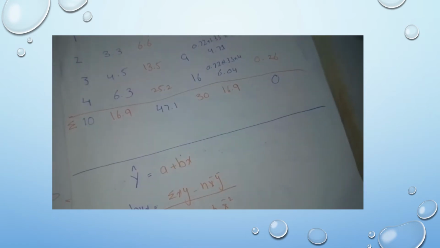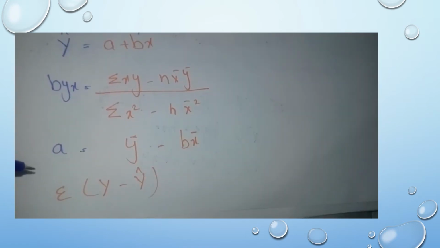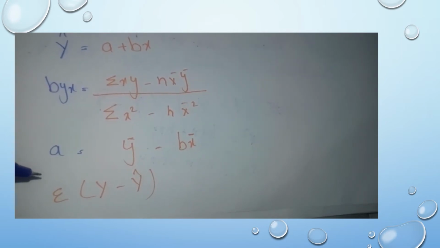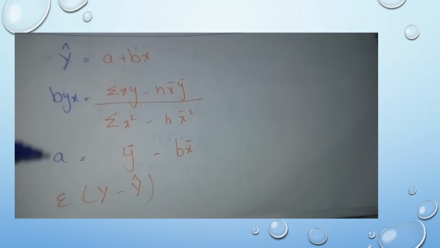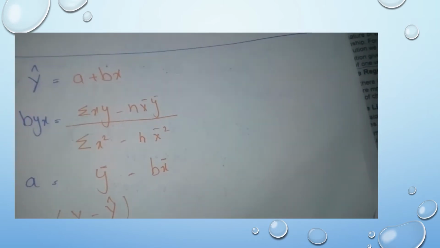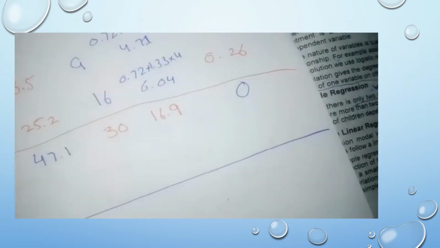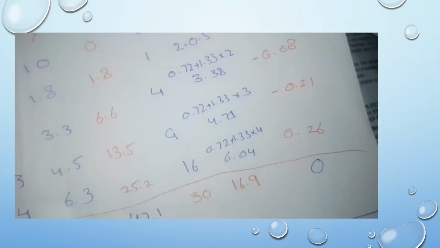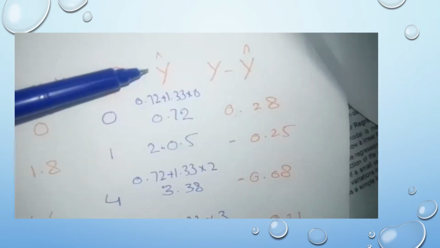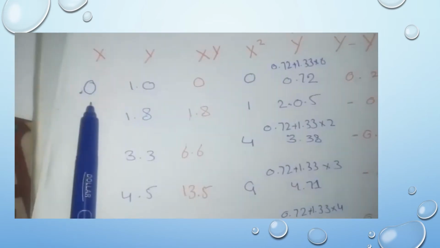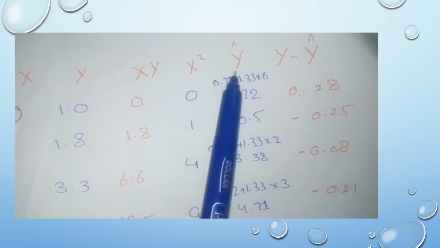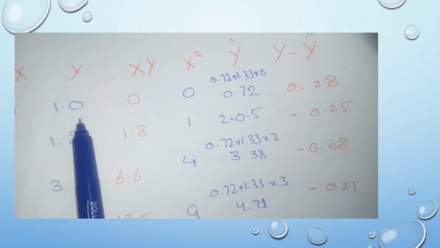And the last step in the regression line is y minus y hat. So y hat is 0.72 and y is 1.0.